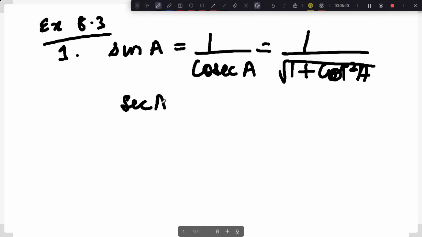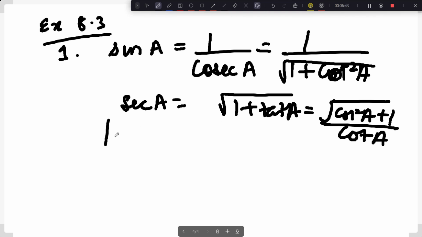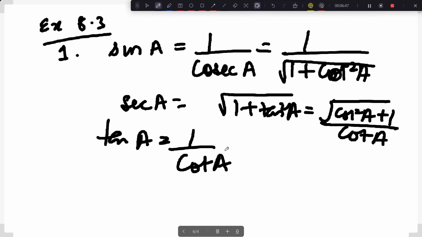Sec A is equal to 1 by cos A, or you can even say it is equal to root 1 plus tan square A, which is equal to root of cot square A plus 1 by cot A. Tan A is obviously 1 by cot A. Okay.